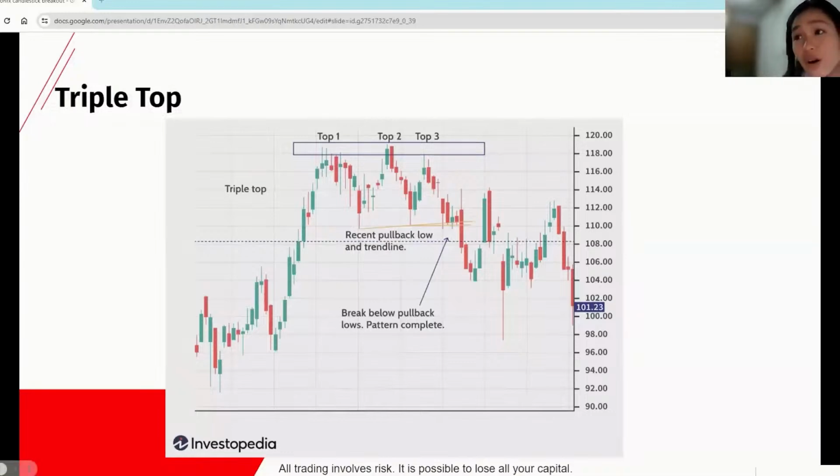So as the price falls, which we see here, the recent pullback low and the trend line, when it falls, it puts pressure on all the traders who bought during this pattern to start selling. If the price can't rise above that resistance, then there is limited profit potential in holding onto it, obviously.